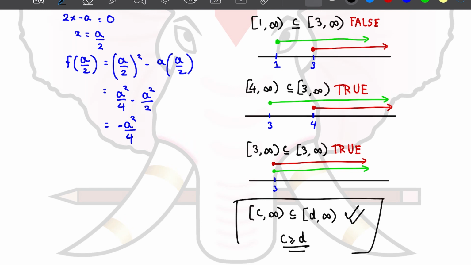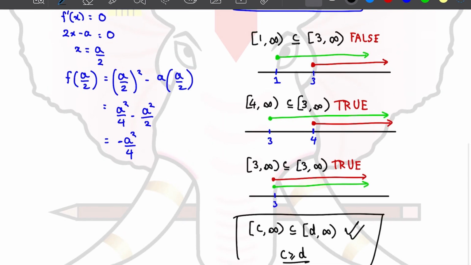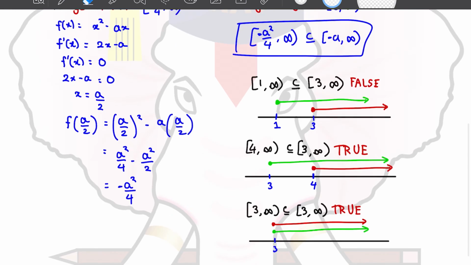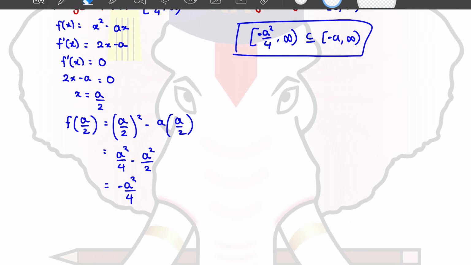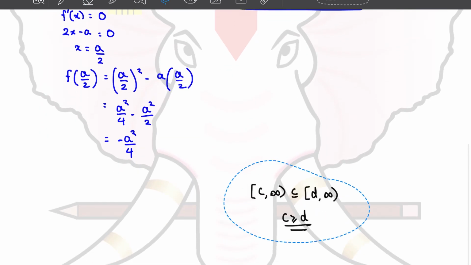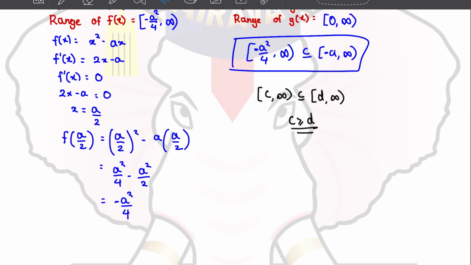Okay, we can use this generalized form to solve our question. So I'm just going to erase everything else and bring this one up. So we can assign negative a squared over 4 as c and negative a as d.